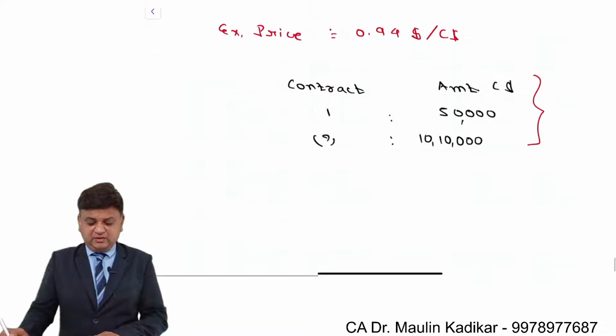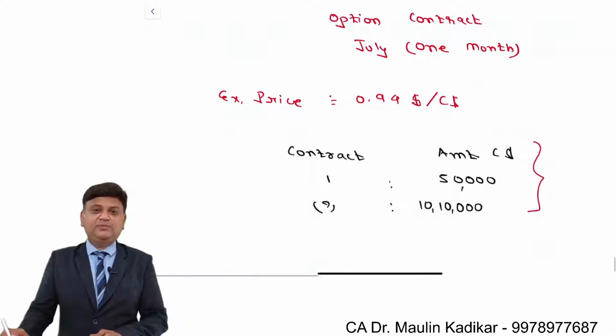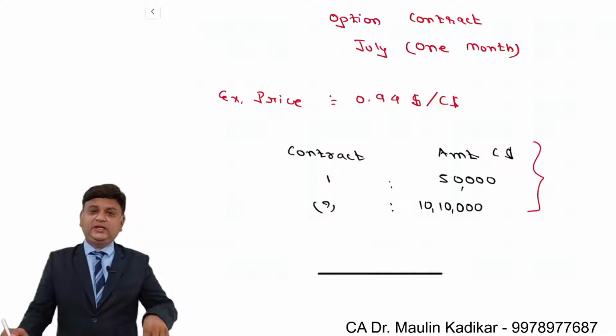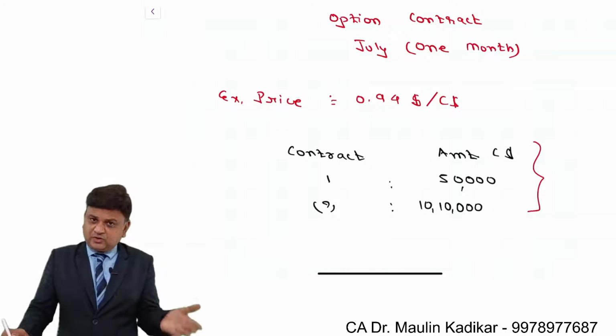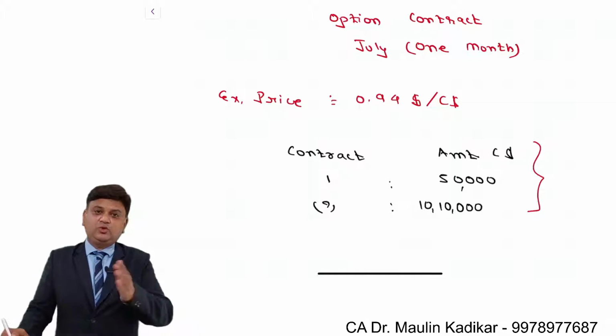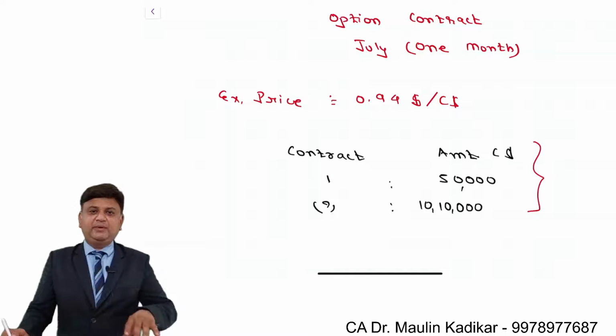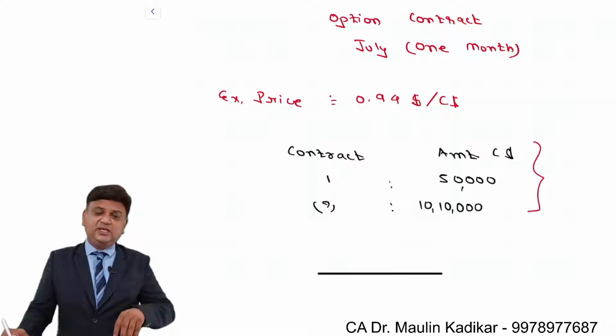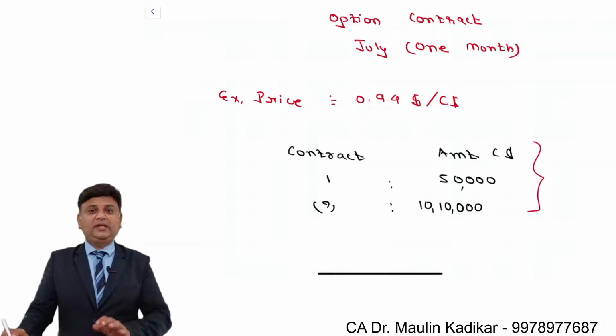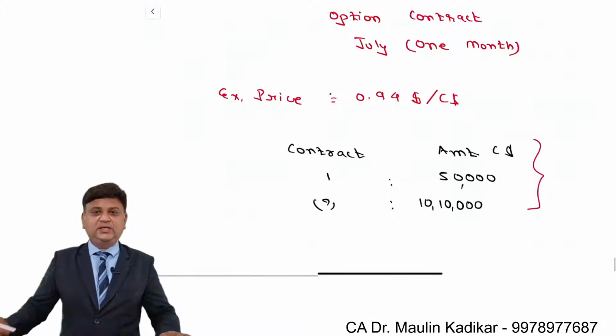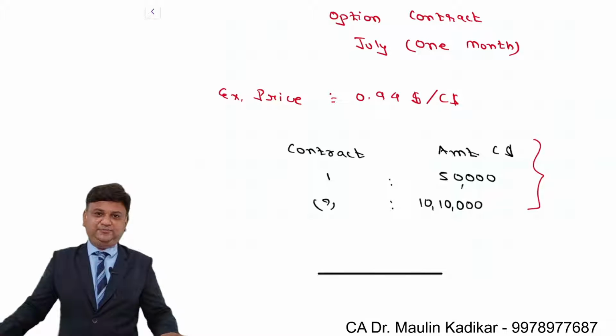Of course, you cannot enter into a fractional number of contracts, so you have to enter into either 20 contracts or 21 contracts. But since 20.2 is near to 20, we will enter into 20 contracts. That is what we understand.